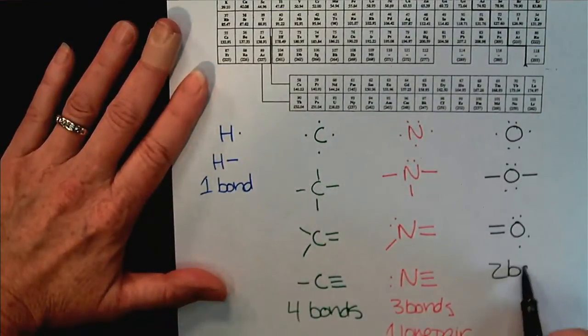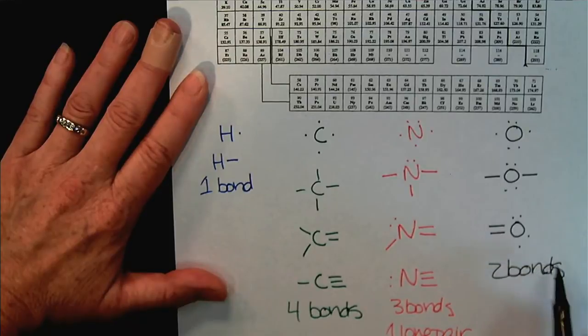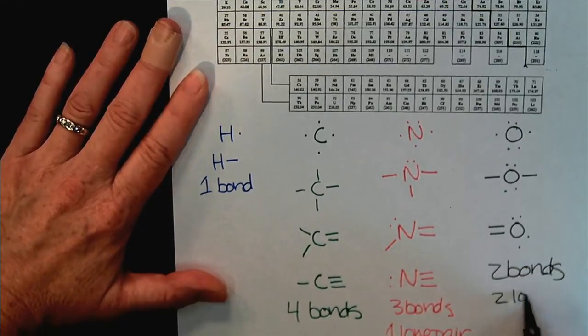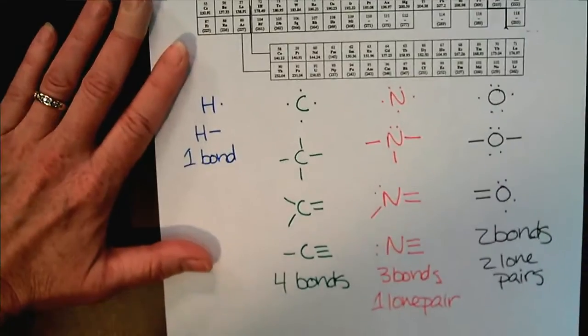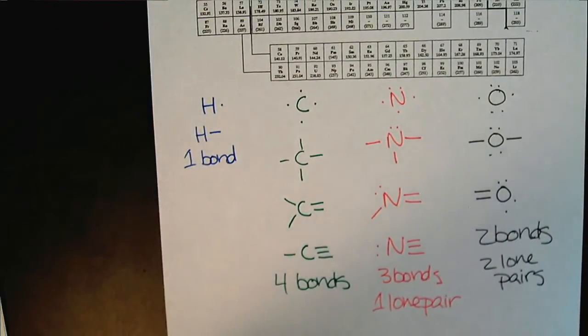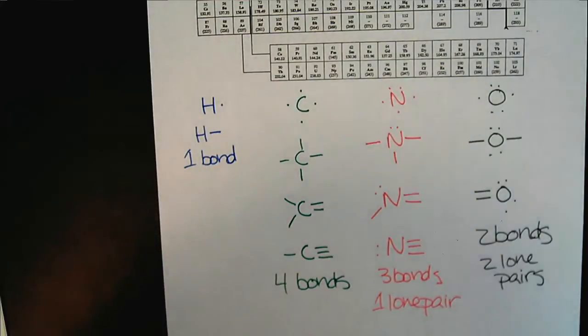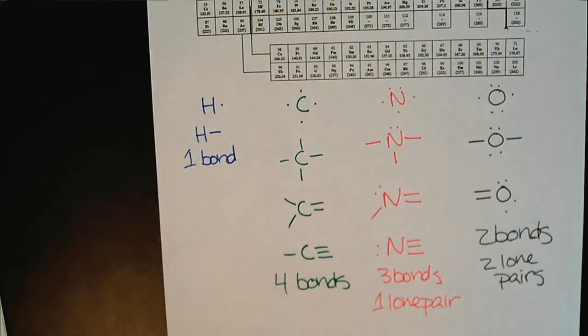They could be 2 single bonds or 1 double bond. And then we have the 2 lone pairs. So it is through the abbreviated structural formulas, whether it's skeletal line or condensed formula, that takes advantage of the fact that we understand these bonding patterns. Let's go to the next page.